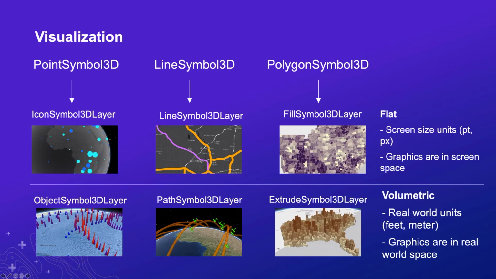Then for line symbols, the equivalent as a volumetric symbol would be the path symbol 3D layer, which could look like a pipe. And then for polygons, you can have the normal 2D polygon with a fill, or you can extrude them, and that will create this extrude symbol 3D layer.